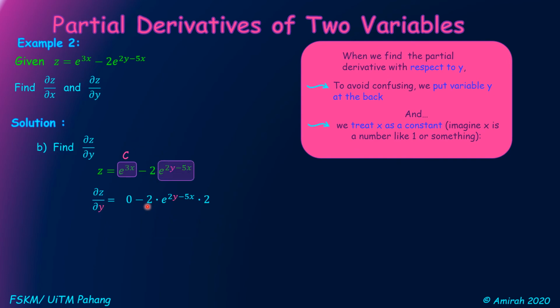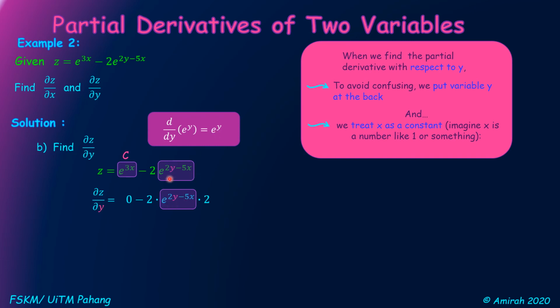Then when we differentiate e to the power of 2y minus 5x, we can refer to the derivative of e to the power of y with respect to y. We get back e to the power of y. If we differentiate e to the power of x with respect to x, we get e to the power of x. Now we differentiate e to the power of y with respect to y, so we get e to the power of y.